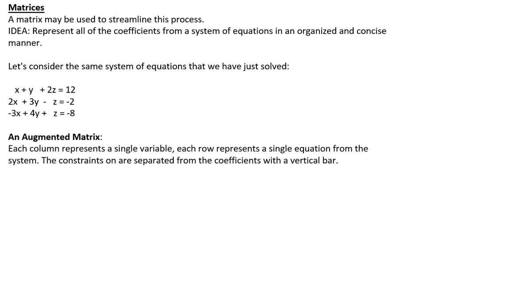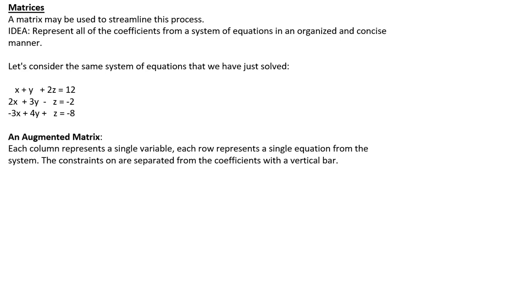So let's consider the same system of equations that we just found a solution for. And I've rewritten the system here for reference. Let's go ahead and create an augmented matrix for this system. What that means is we're going to assign to each column a single variable, and every row is going to represent an equation from the system.